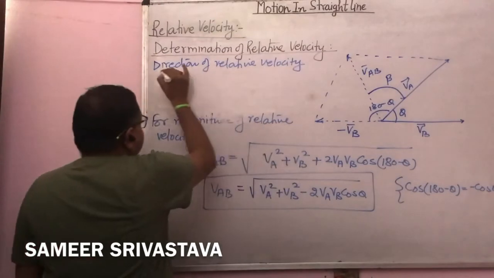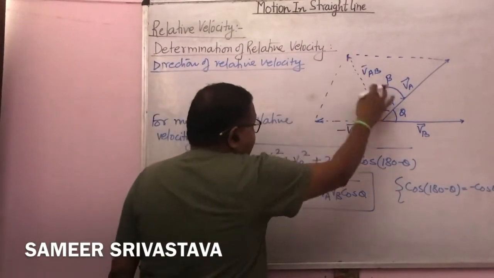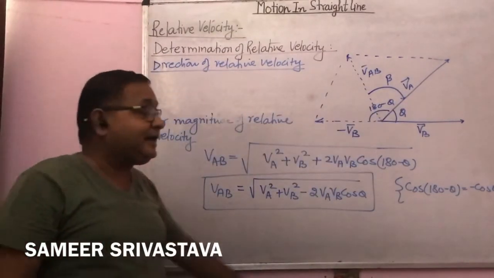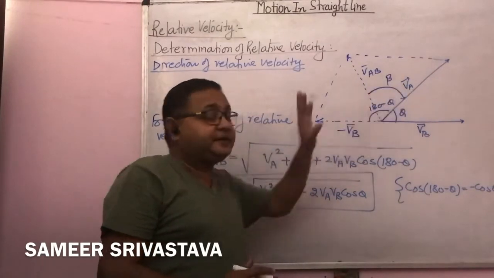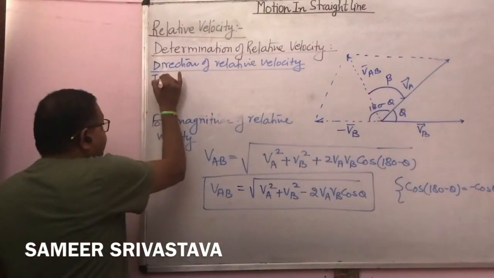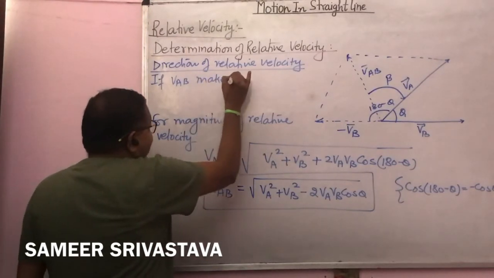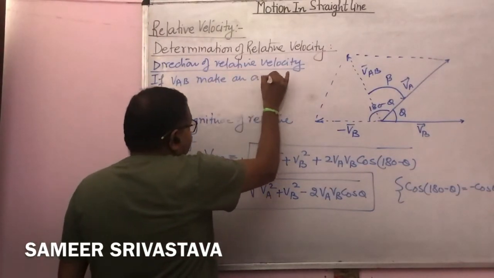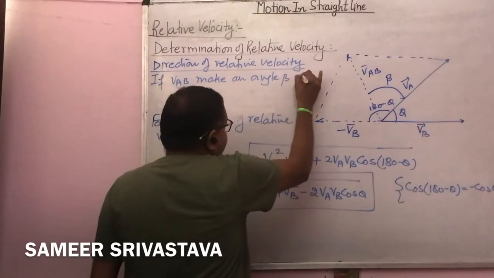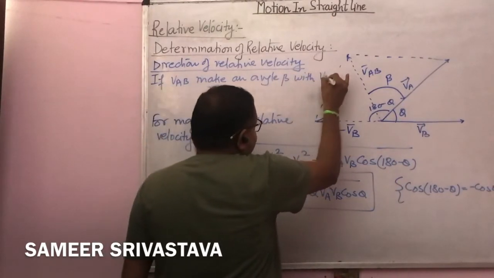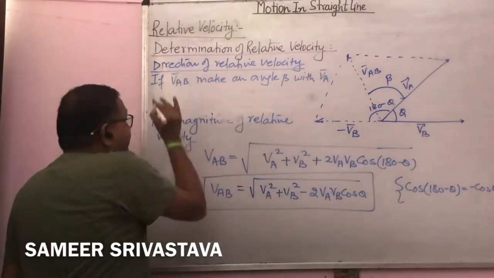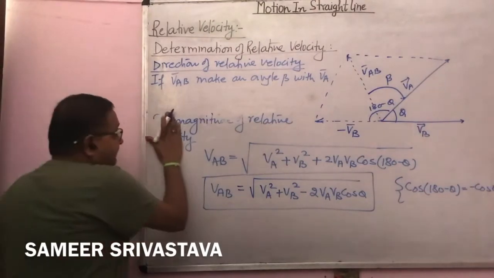So if we say the relative velocity VAB makes an angle beta with VA, right? VAB makes an angle beta with VA.